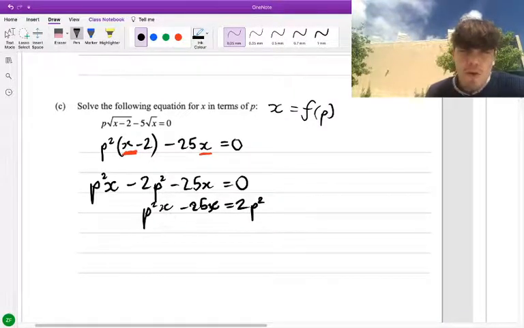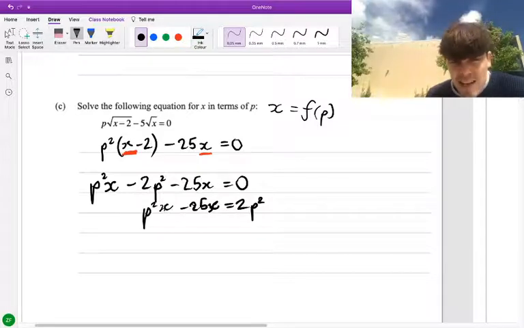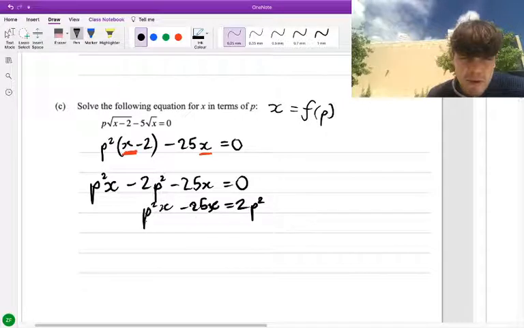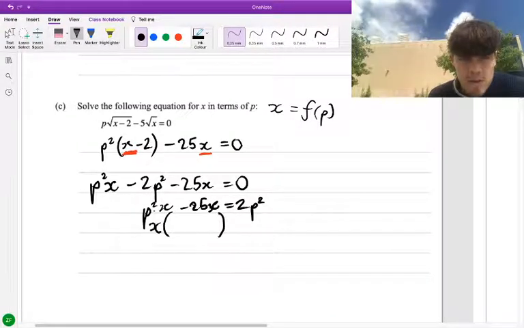Okay, so again, we're looking to isolate x, but we've got this p squared x and a minus 25x. So minus 25 and p squared aren't that related. But what we can see here is that they both have x as a term. So what we can do is factor out an x. So I'm going to pull it outside of a bracket. So x times what is p squared x? That's p squared. x times what is negative 25x?